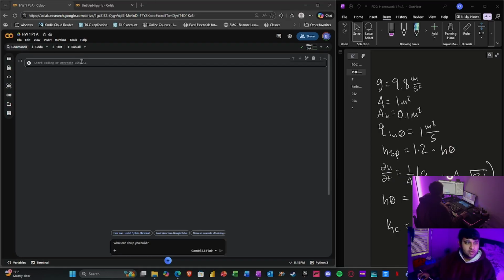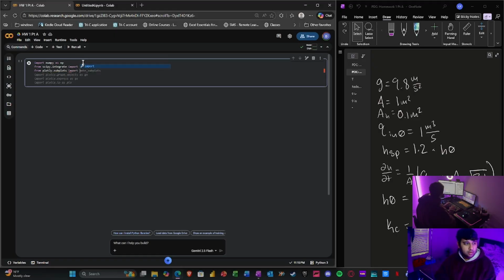Alright, so this is Colab, and we're going to start with our coding now, so let's just jump right into it. We're going to import some things: import numpy as np, and then from scipy.integrate we're going to import solve_ivp, and then from plotly.subplots we're going to import make_subplots.